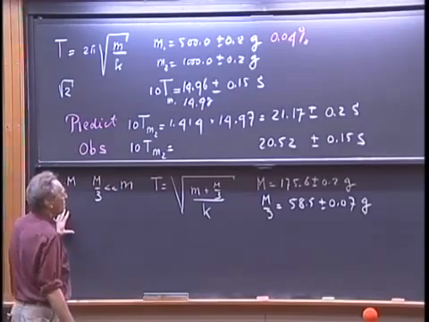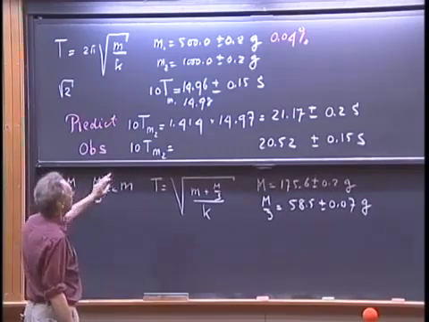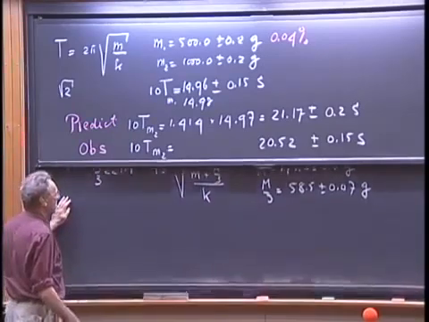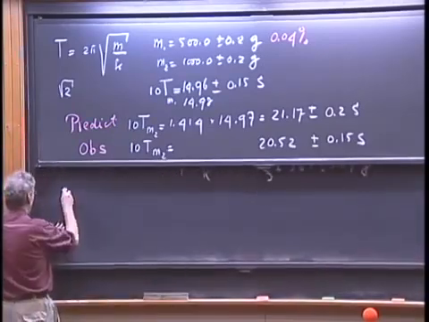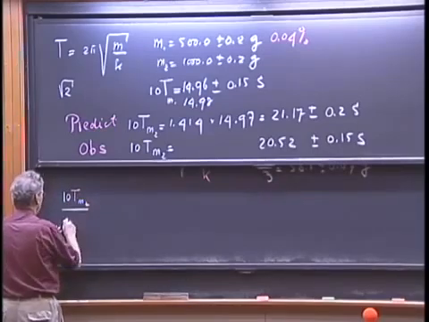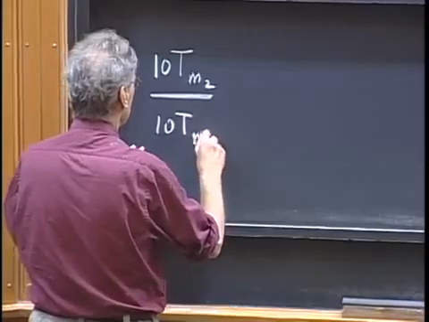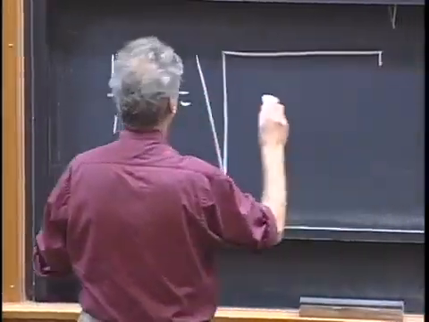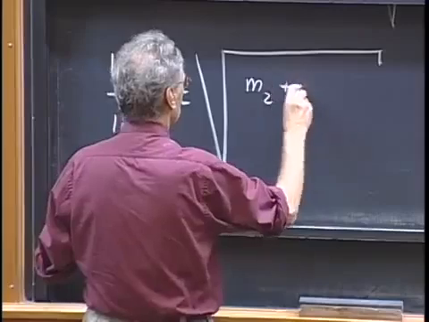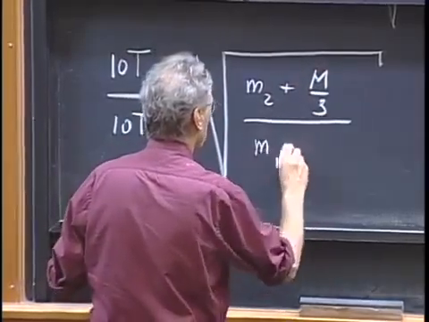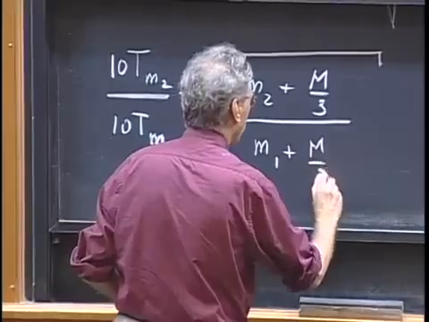We can now take the ratio of these two and eliminate thereby k, so we can write now 10Tm2 divided by 10Tm1 is now the square root of m2 plus M divided by 3 divided by m1 plus M divided by 3.